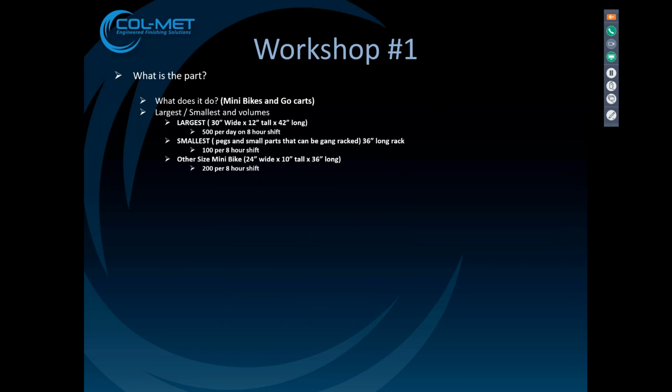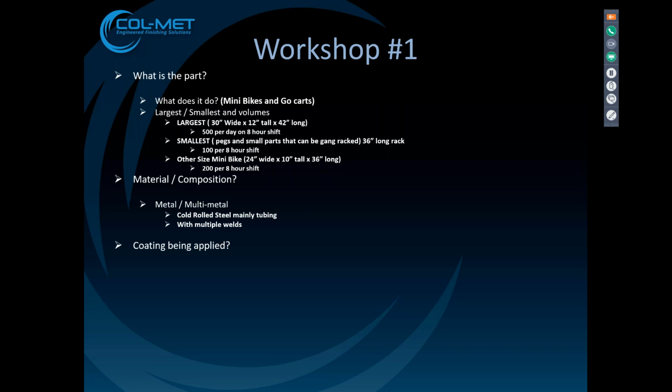So here are the answers to the questions that we just asked. What is the part? What does it do? Well, there are many bikes and go-karts. Here's a list of the sizes. The largest is 30 inches wide by 12 inches tall by 42 inches long. We do 500 a day on an 8-hour shift. The smallest are pegs and small parts. It'll be gang racked, and the rack is 36 inches long.